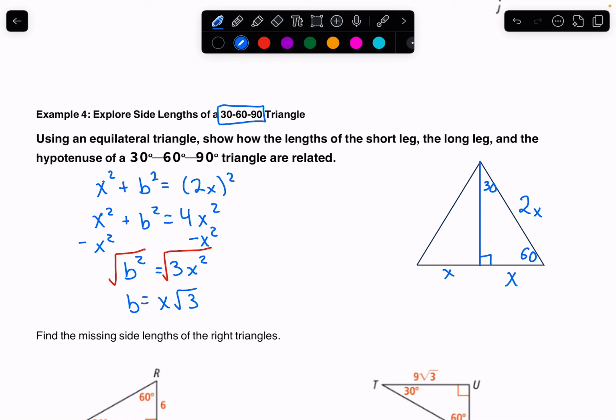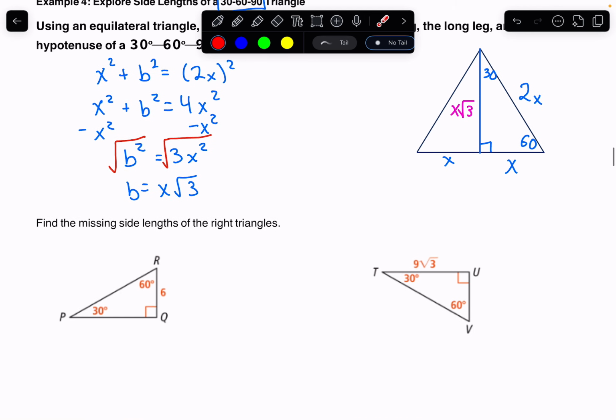And that will be how we represent the length of the third side, in this case, the medium length side of a 30, 60, 90 triangle. And this will be true then for every 30, 60, 90 triangle. We can use it to find out different lengths of the triangles.